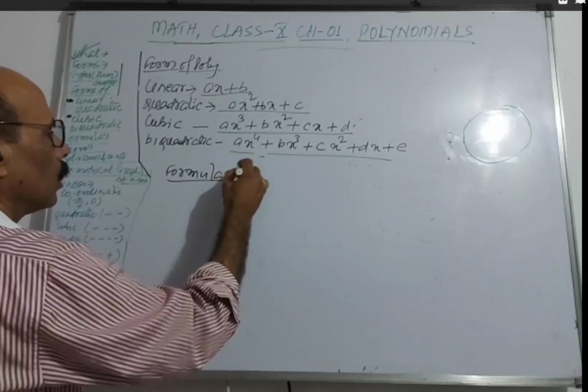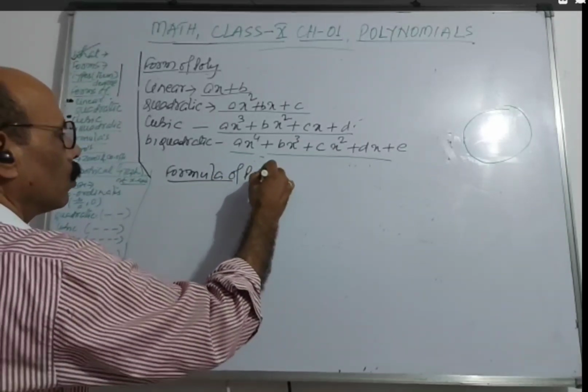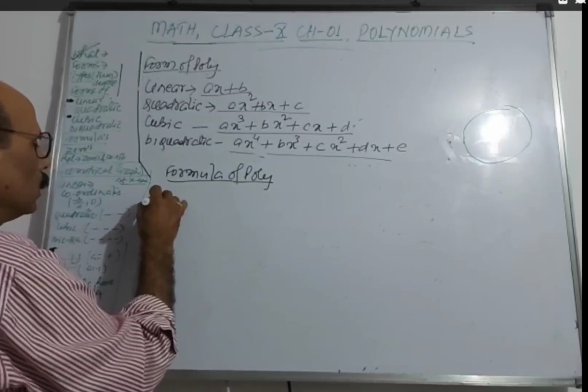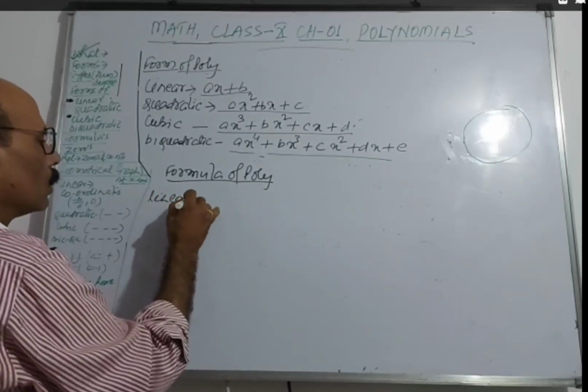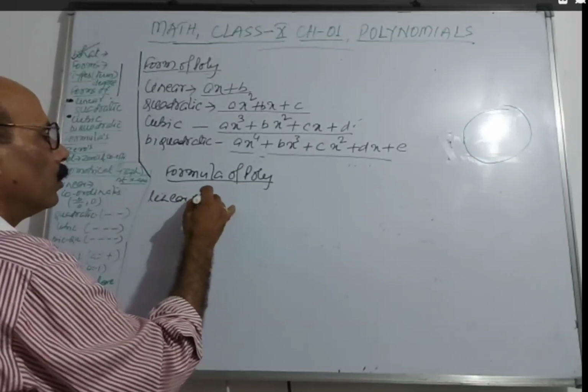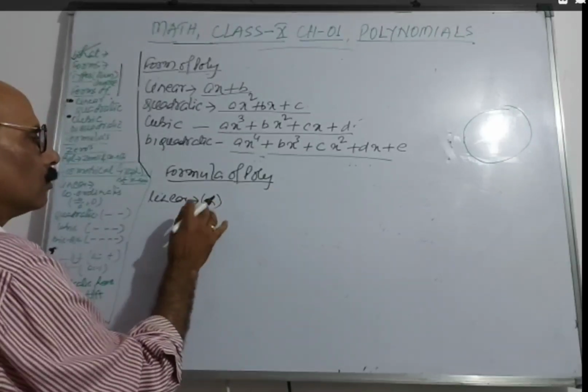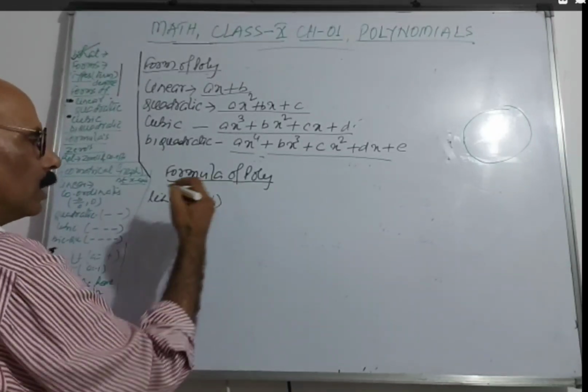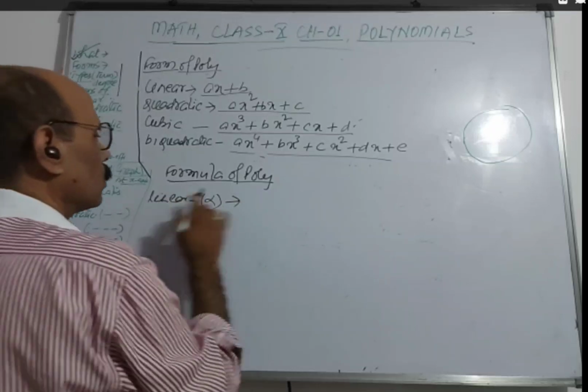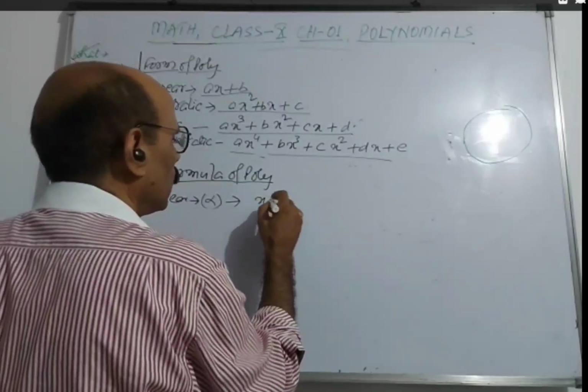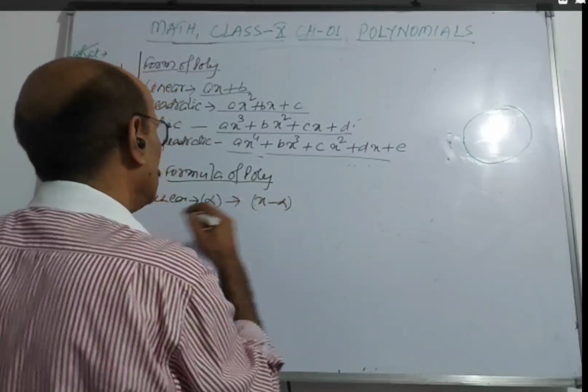First is linear. You know linear will have only one zero, which is alpha. In this case, the formula of the polynomial is x minus alpha.